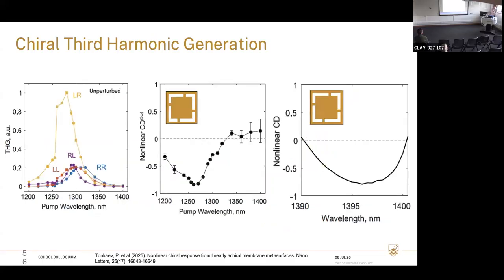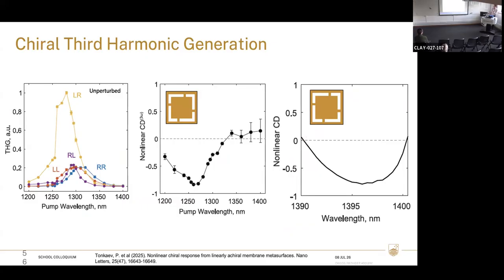Then we can integrate the signal, and what we see for the fully symmetrical C4 membrane is that clearly the cross-polarized component from left to right is dominant, while the rest is observable but small.